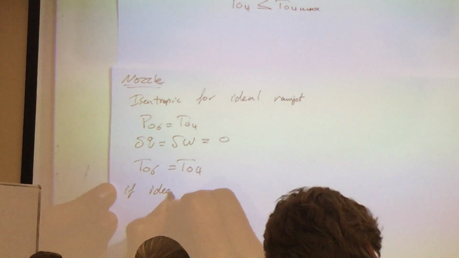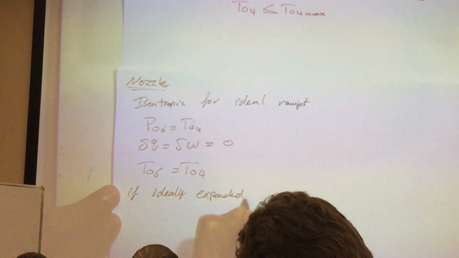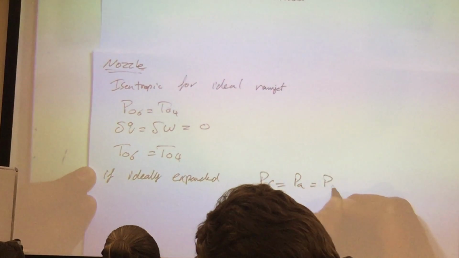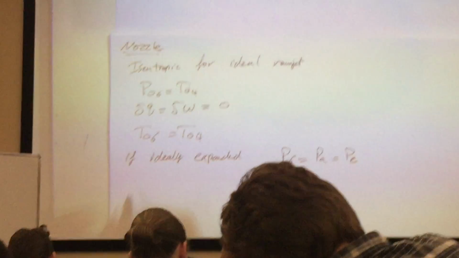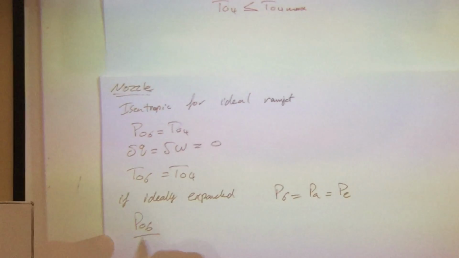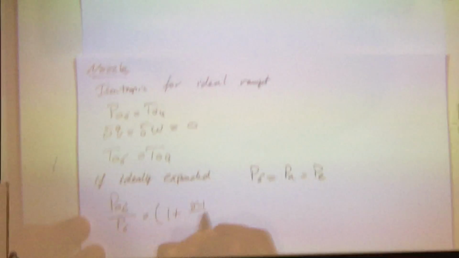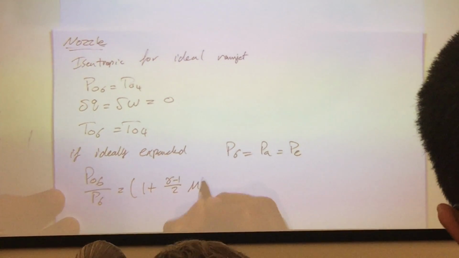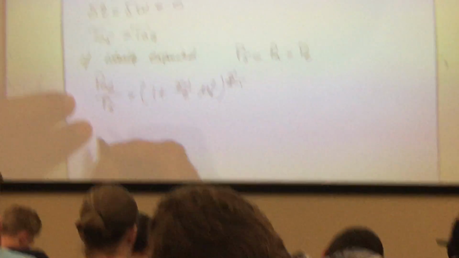If ideally expanded, obviously P6 is equal to P ambient is equal to my exit pressure. So I use my stagnation properties to figure out my pressures: P stagnation over P equals 1 plus gamma minus 1 over 2 M6 squared, to the power gamma over gamma minus 1. And then we already said this is P6.